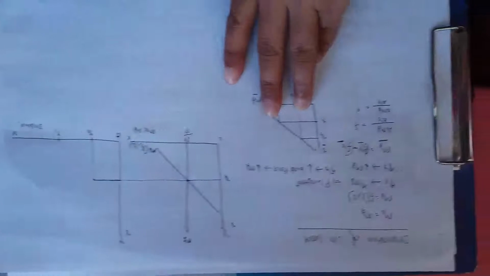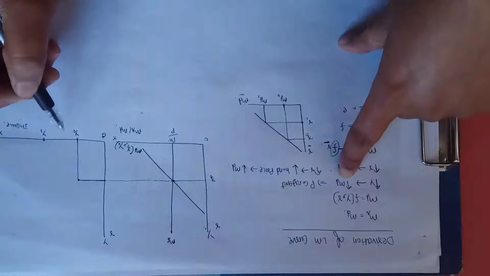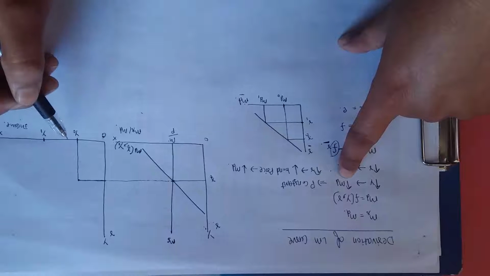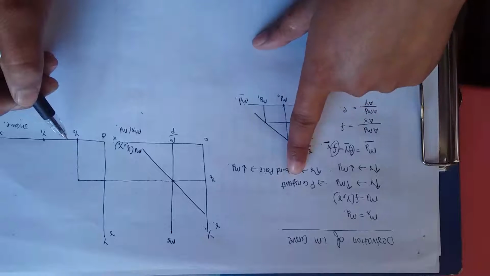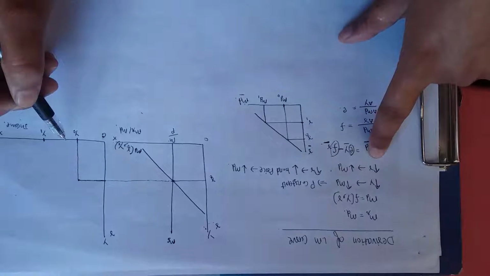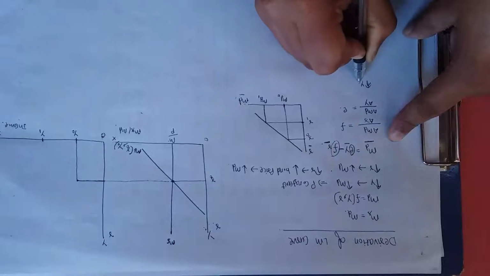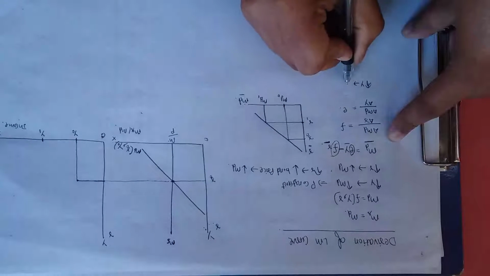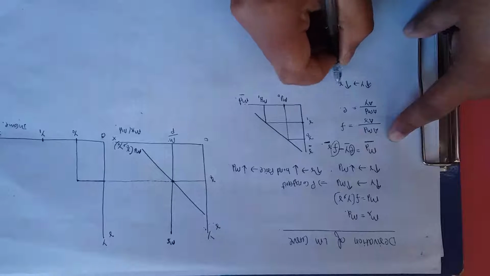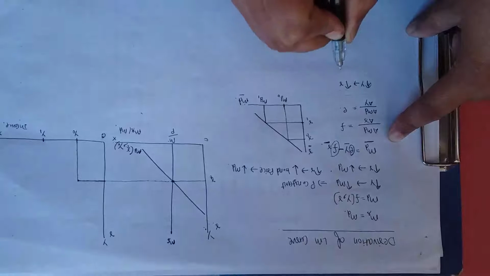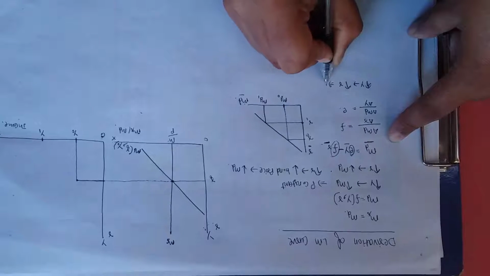We have already seen that an increase in income leads to an increase in money demand when prices are constant. And an increase in income leads to an increase in the rate of interest when money supply and prices both are constant.